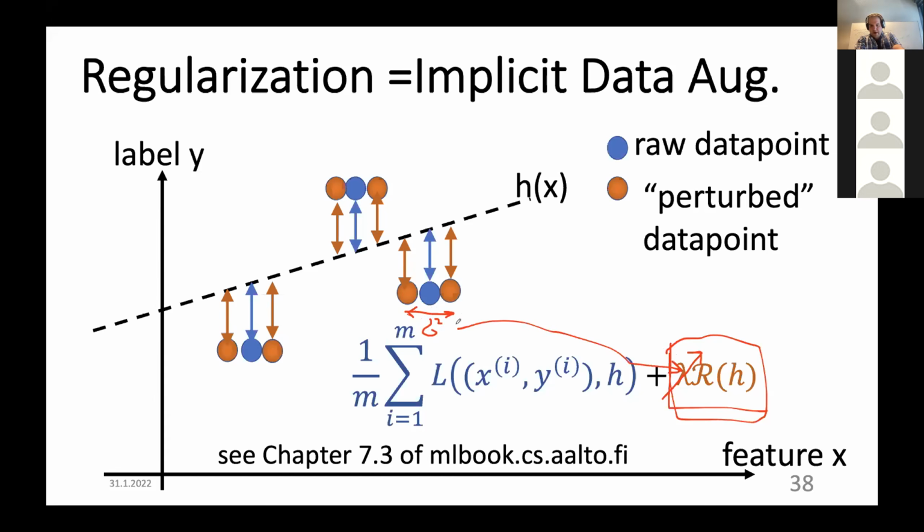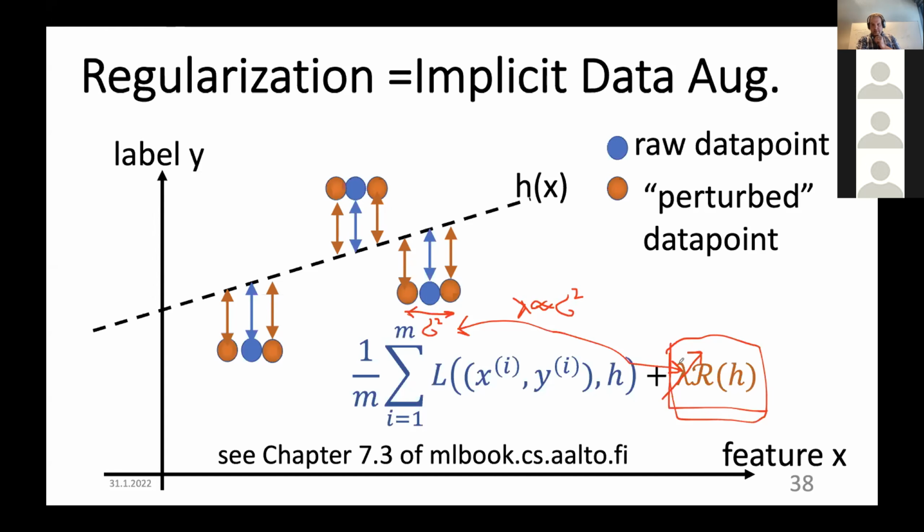I have worked this out in my course book. I'm not sure if there's a factor in between, but I think it's essentially proportional. So this lambda is proportional to the variance of this data augmentation. So you get a neat interpretation of this lambda that you use, for example, in ridge regression: it is equivalent or proportional to the noise variance for a data augmentation approach.